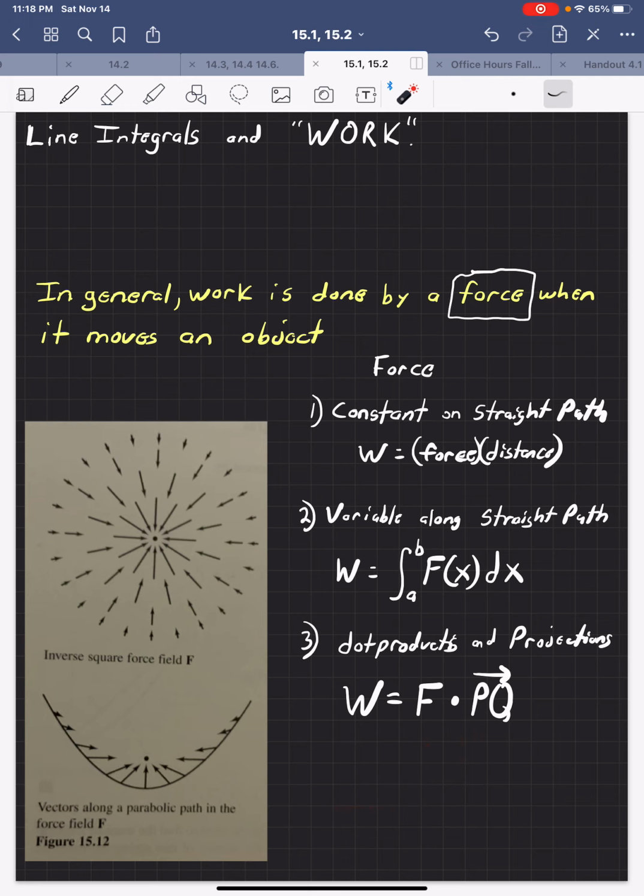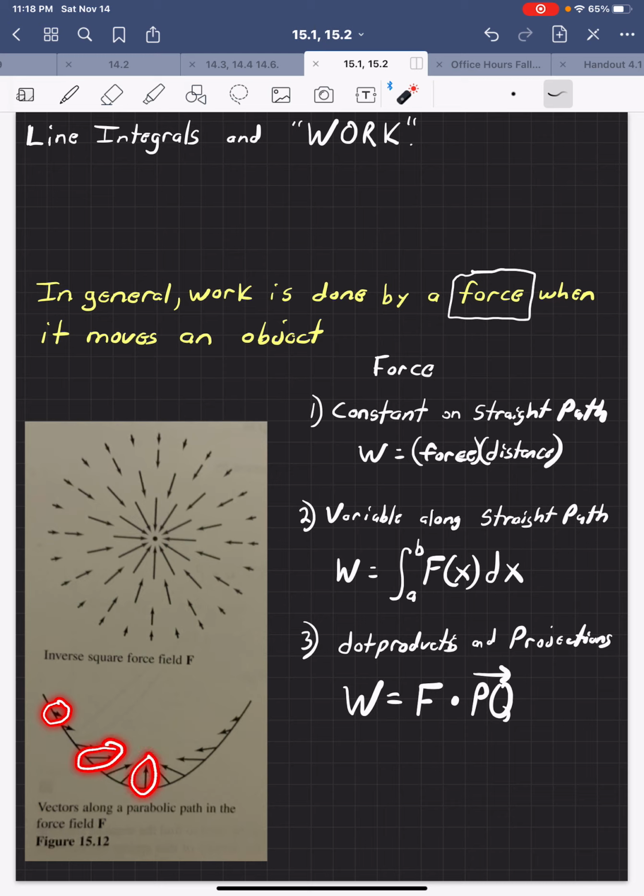So take, for example, this parabolic path. If you have an object moving on a curve, notice that the force vectors, or the magnitudes of the force vectors, are not the same throughout the entire path. You can see that the magnitude of this vector is different from the magnitude of this vector.